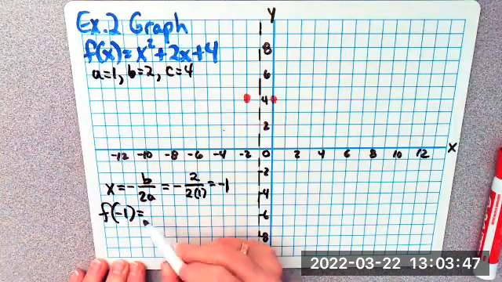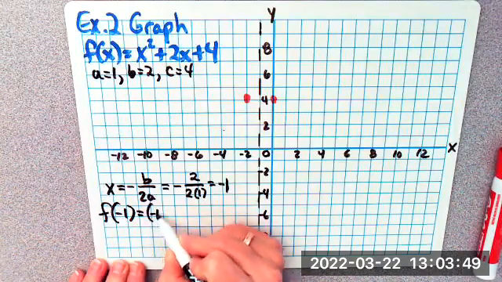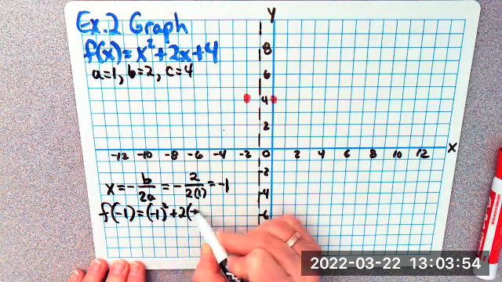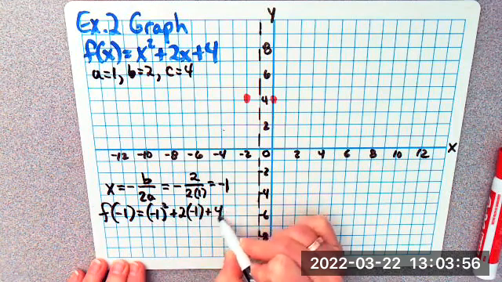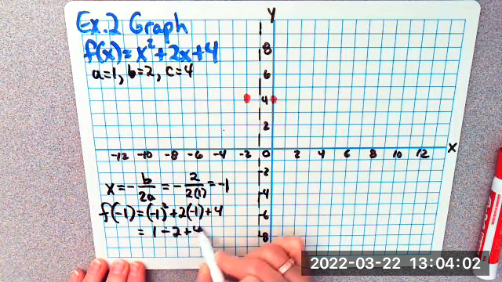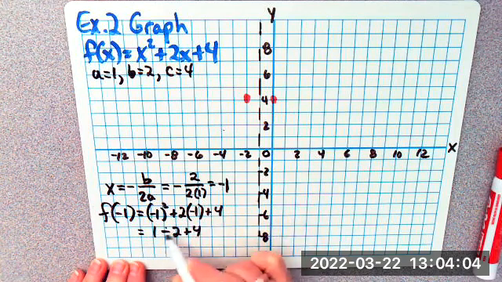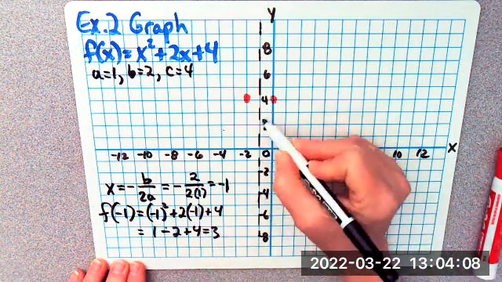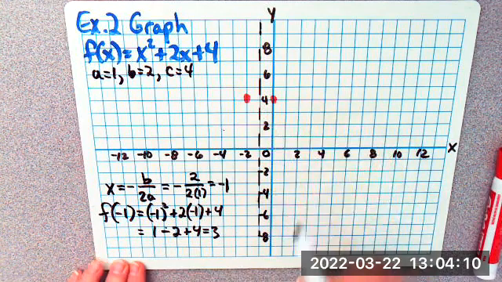So we have -1 squared plus 2 times -1 plus 4. So that gives us 1. And then we have -2 plus 4. So that gives us a -1. So this equals 3. So we're at -1, 3 right here.